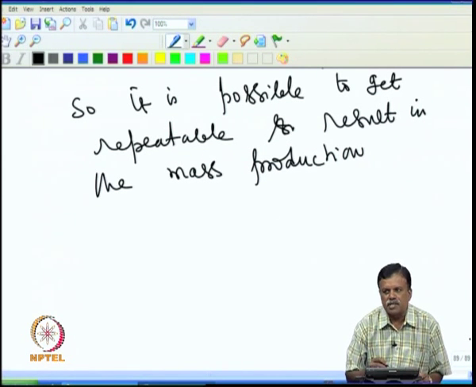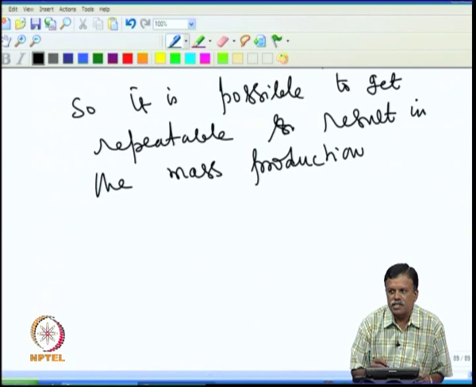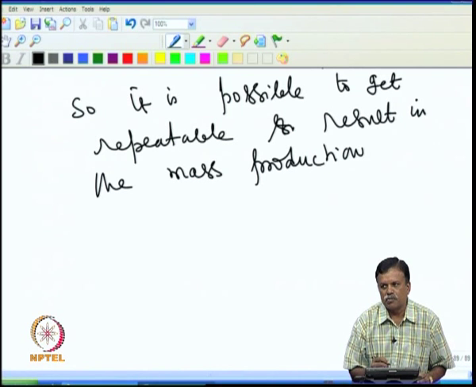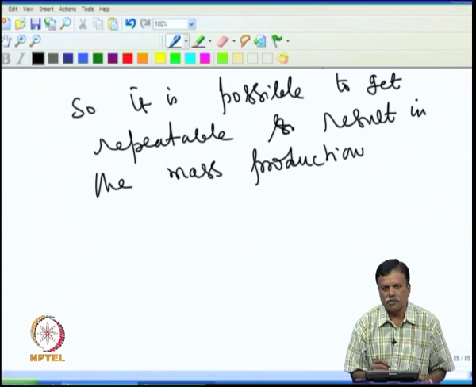Compared to the thermistor, the transistor used as a temperature compensating element is very common because of this reproducibility. In a thermistor also it is possible to get reproducibility, but if you want a reliable thermistor, you have to pay a lot more money than what you spend for the transistor.